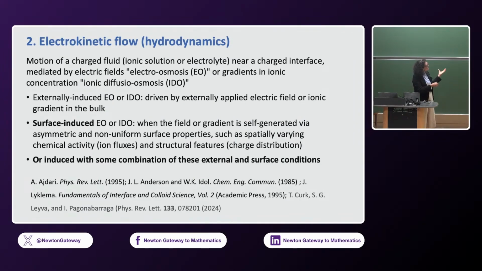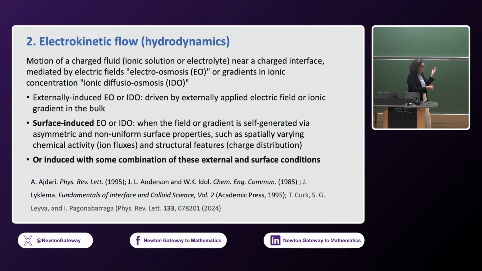The part I'm working on now is in electrokinetic flow, which is for hydrodynamics, and these are not anymore at the nanoscale, but more like 100 nanometers. So I'm interested not in externally induced motions of charge, but induced by a surface that can have a gradient or can generate chemical activity and structural activities like the charge distribution that I showed in the beginning.